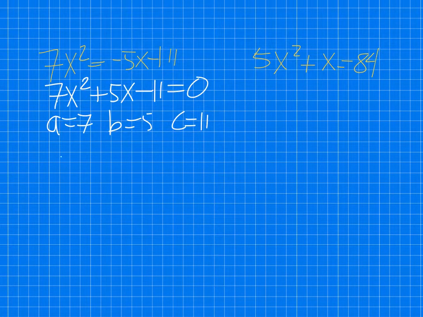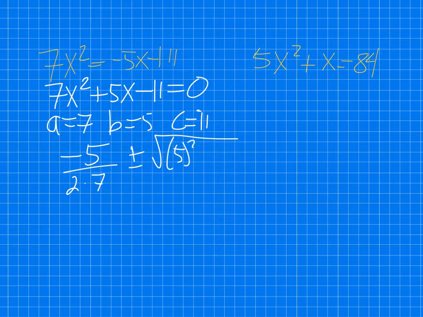When I plug this in, we get negative 5 for b over 2a, which is 14. So 2 times 7. Plus or minus the square root of, sorry, c should be negative 11 there. B squared to be 5 squared minus 4 times 7 times negative 11, all over 2 times 7.